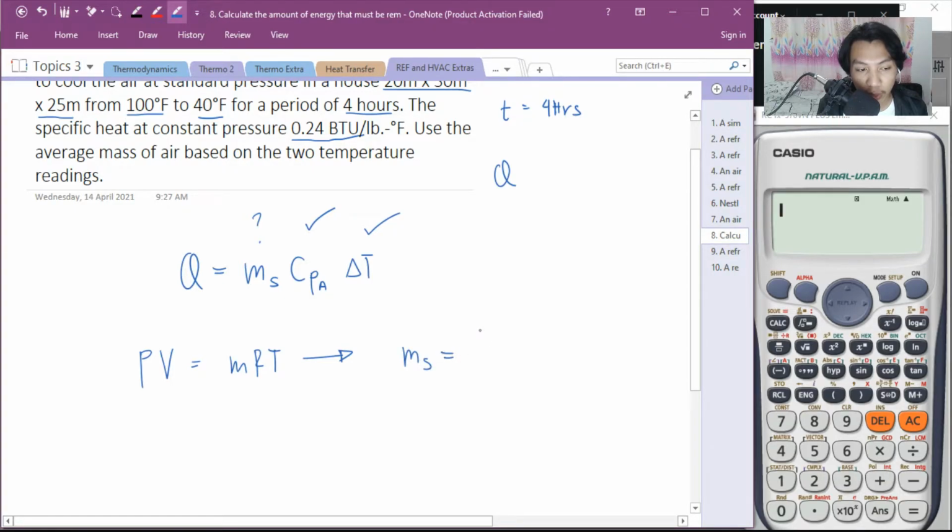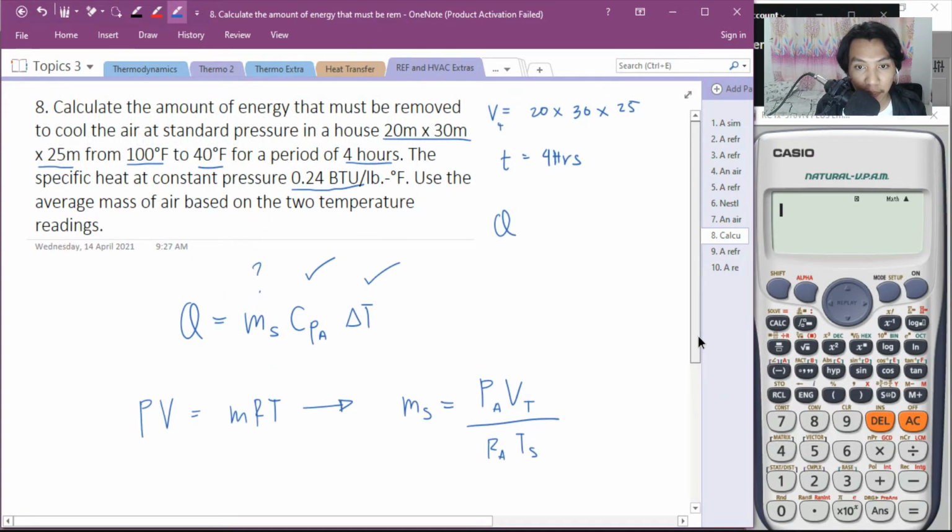MS is equal to P nung air inside the room. Supply air 'to pinag-uusapan natin. The volume total na i-occupy niya divided by yung R ng air and then yung temperature ng supply, which is what? Okay, yung supply natin, hindi natin alam. Kukunin mo dito yung pinakauna, yung from 100 degrees Fahrenheit.